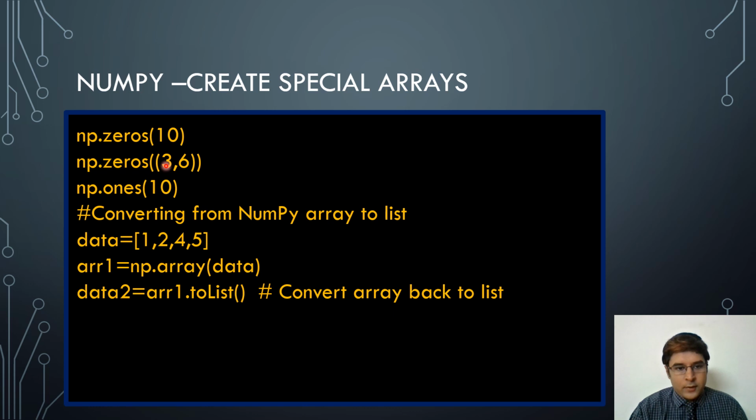If we give two numbers separated by a comma, it will result in a two-dimensional array having 3 rows and 6 columns and so on, and all the elements will be zeros in this case and ones in this case. And if we want a NumPy array to be converted to a list, we can use dot tolist, and it will convert the array back to a list.